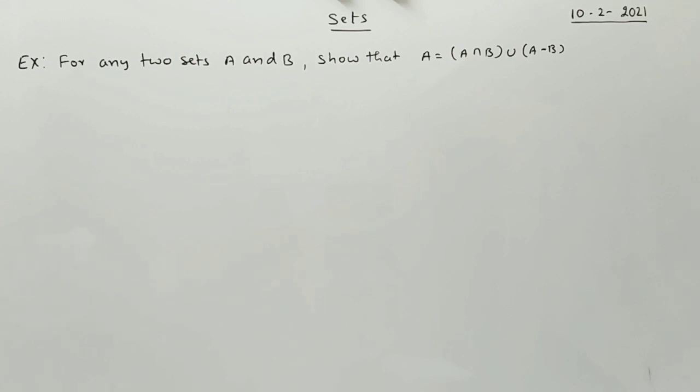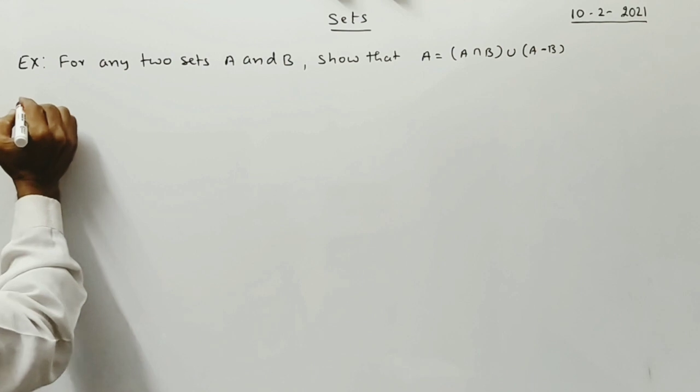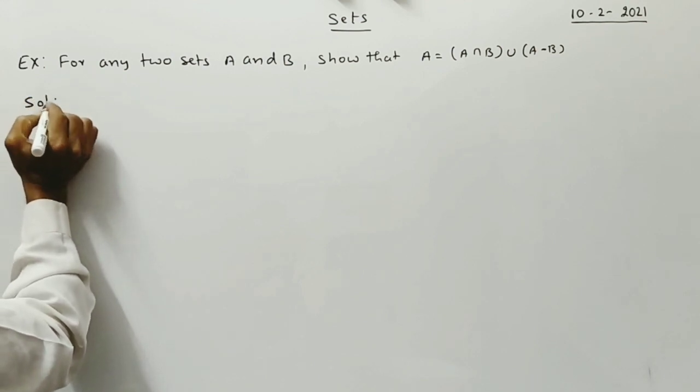Next example. For any two sets A and B, show that A is equal to A intersection B union A minus B. Solution.